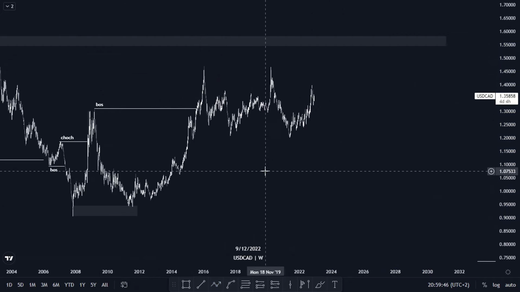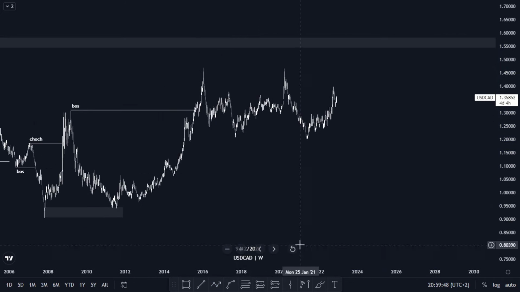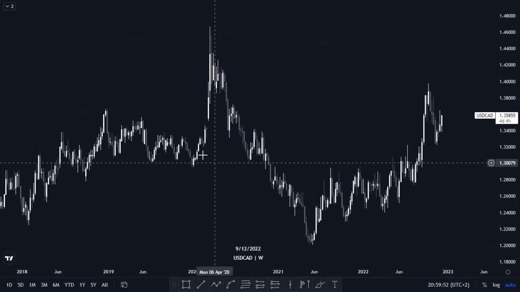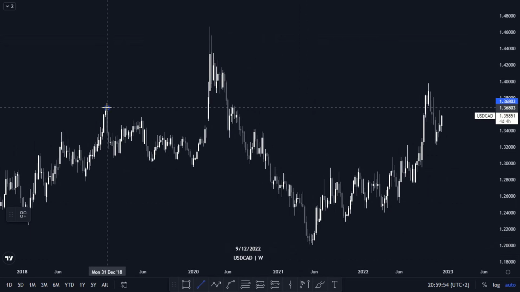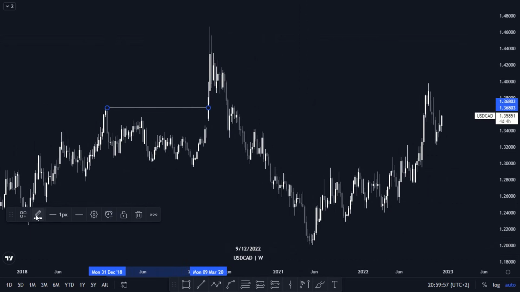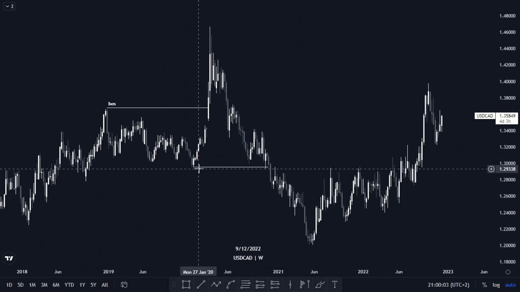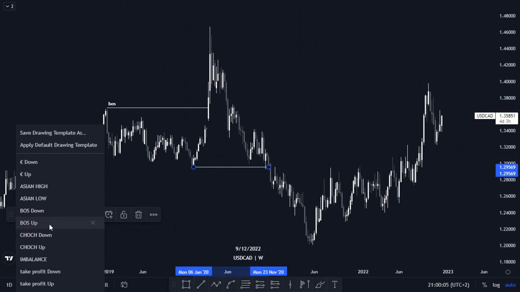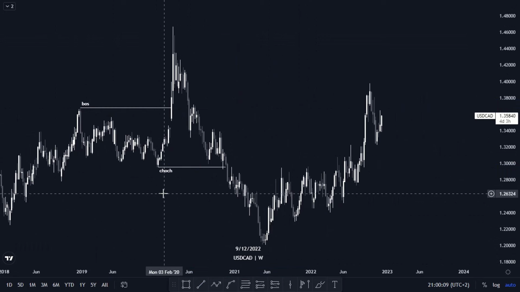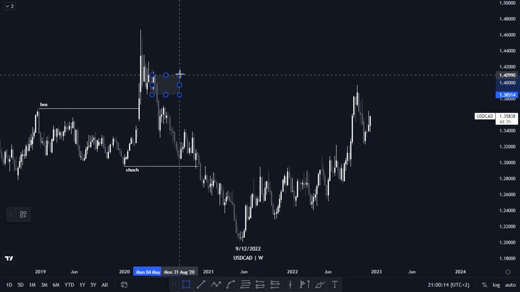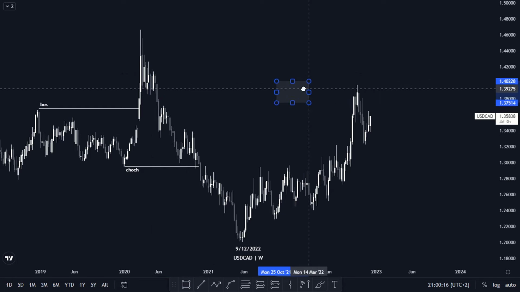Okay, so let's move to the weekly chart. Let me just reset the chart. Here on the weekly chart we can see we have this BRS also here, and we have this beautiful change of character here. This beautiful change of character here, and we can see we had this order block here that was mitigated.